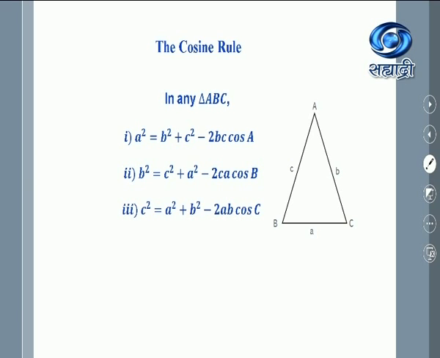And the third one is for the side C. C square is equal to A square plus B square minus 2AB cos C. These 3 statements we have to remember.